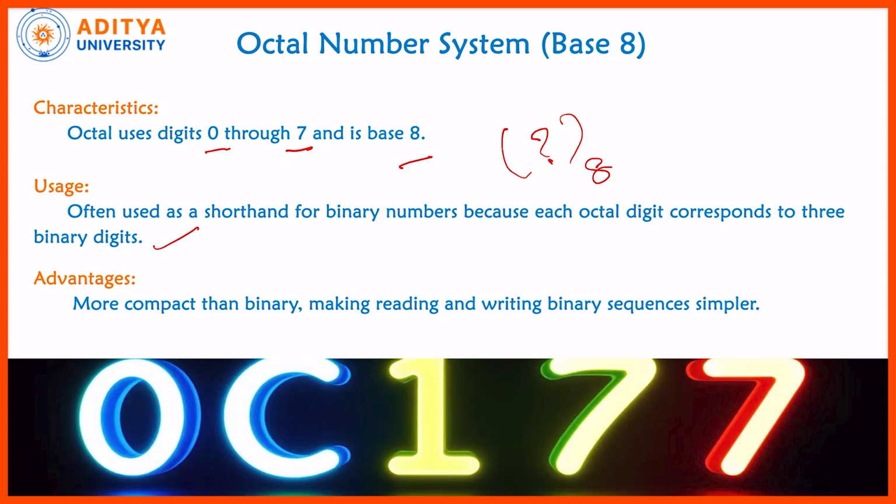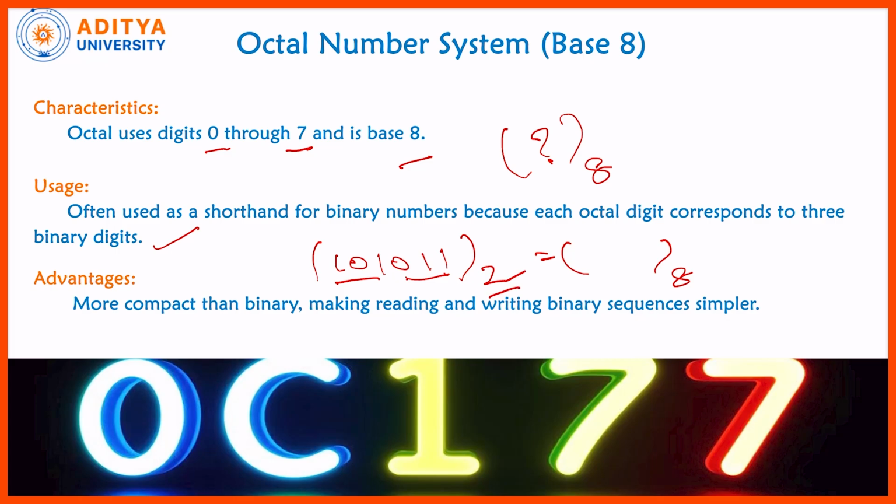Advantages: more compact than binary, making reading and writing binary sequences simpler. That means, here there is a representation of binary, 1001 or 101011. So this is a simple representation in binary, and it can be represented in octal. How?